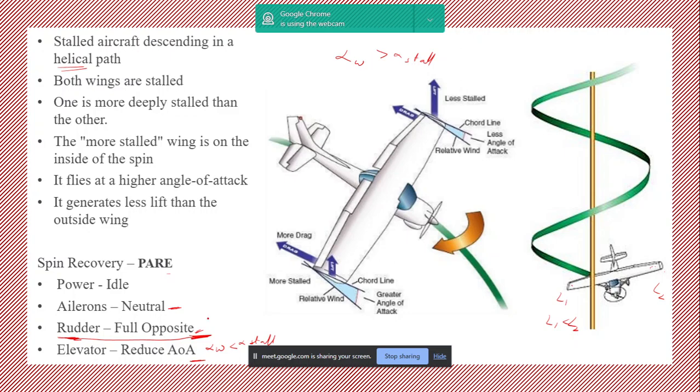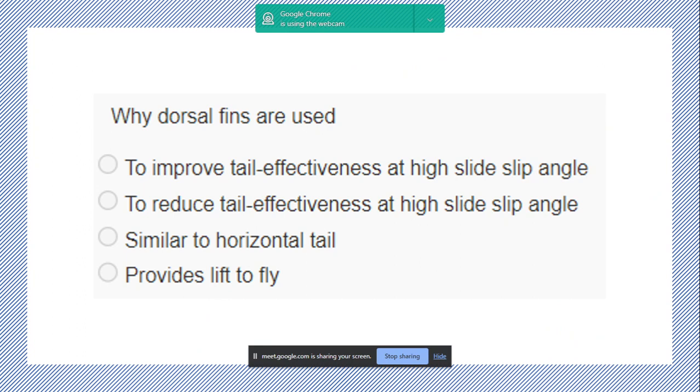Okay. Why are dorsal fins used? What are dorsal fins? Yes, yes. So that is right. Why are they used? Okay, yawing stability.